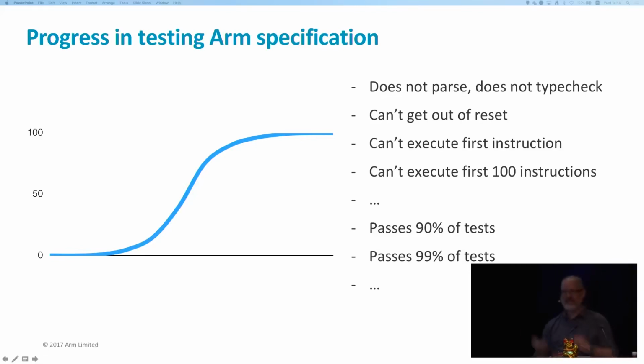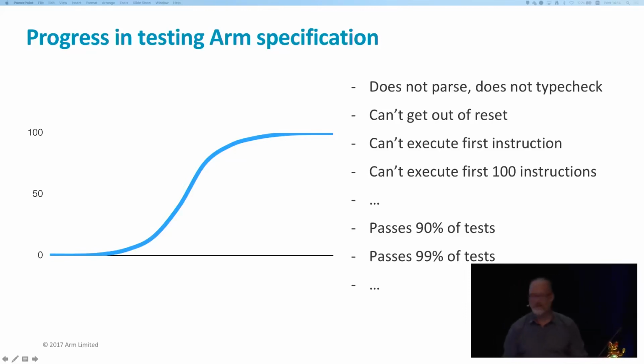And I'm telling you this and emphasizing it, not because I think ARM's specification was especially bad. I think it was just typically bad. I think if you were to take any specification for any real-world system and actually test it against a test suite, well, first of all, you'd find it's not an executable specification most of the time, and secondly, you'd find it wouldn't work.